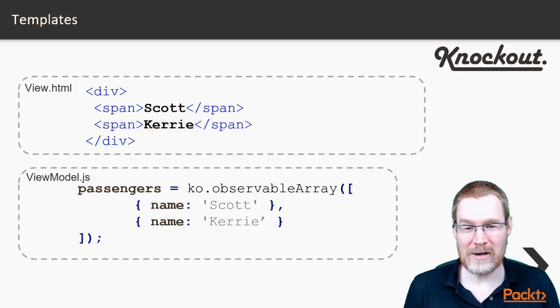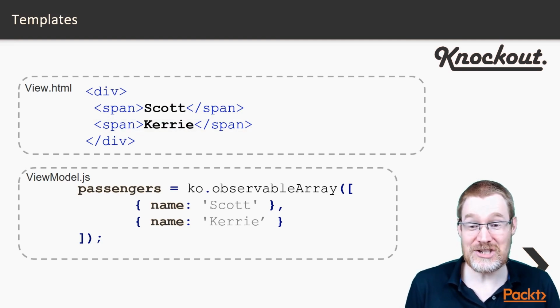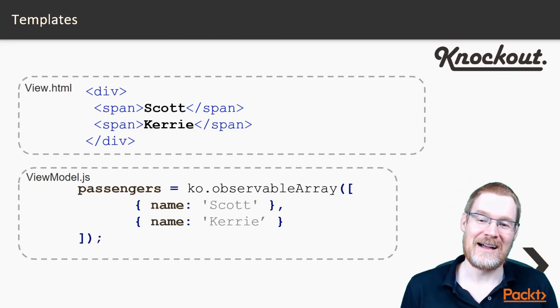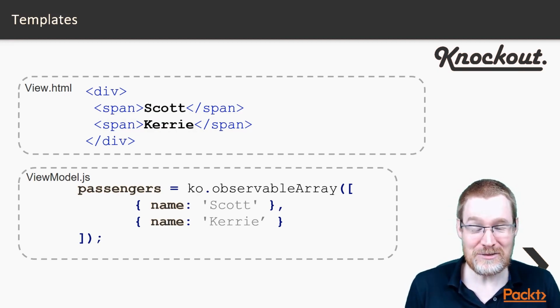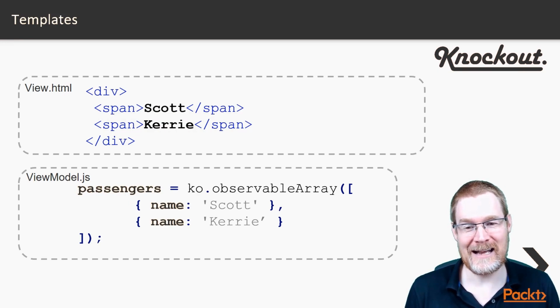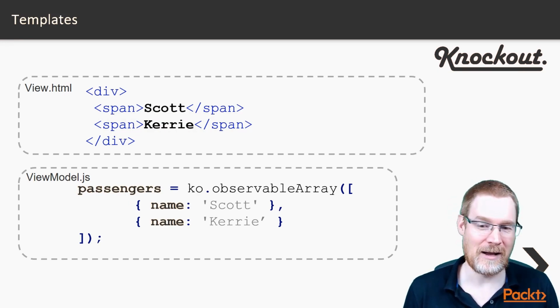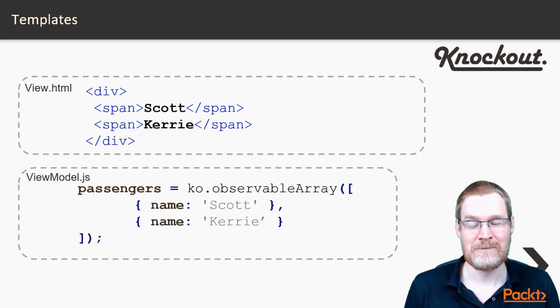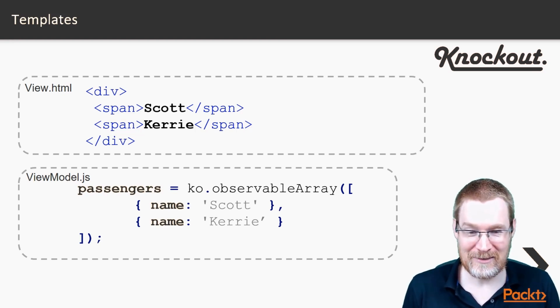And this is all going to be done for us, and whenever we change that observable array, the great thing is the user interface will be updated to reflect it. And we're going to be using this quite significantly in our seat selection HTML web resource, because we're going to show collections of passengers and allow us to drag and drop between those collections, and Knockout is handling the majority of that for us, as you'll see.